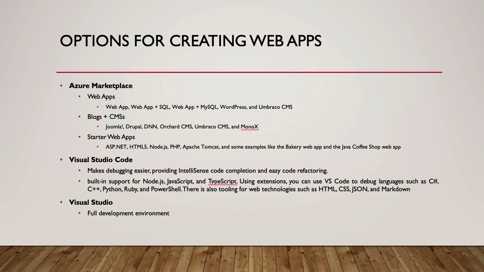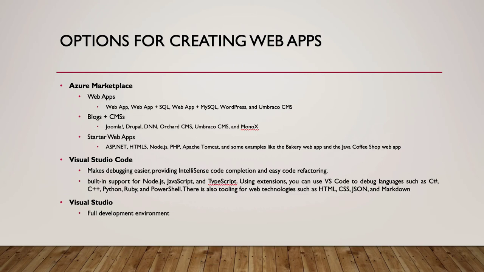There are many pre-created websites and templates in the Azure Marketplace that you can use. To see all of those options available, you can log into the Azure portal and click New, Web plus Mobile, and see all. Basically, this is going to show you all the available web apps or mobile apps in the Marketplace.